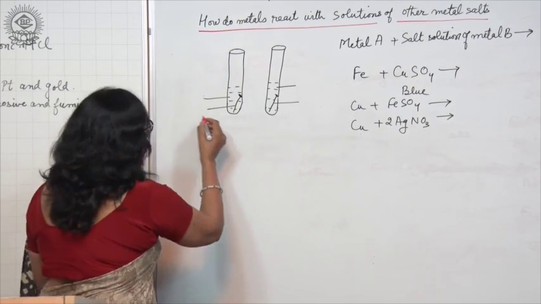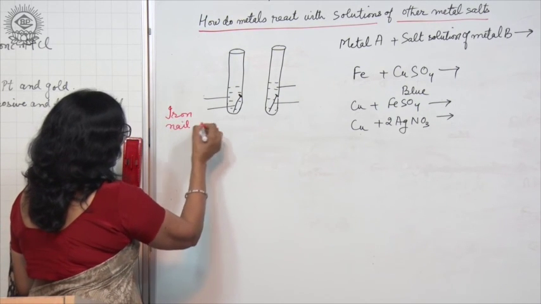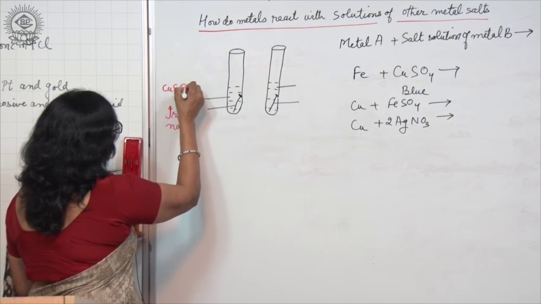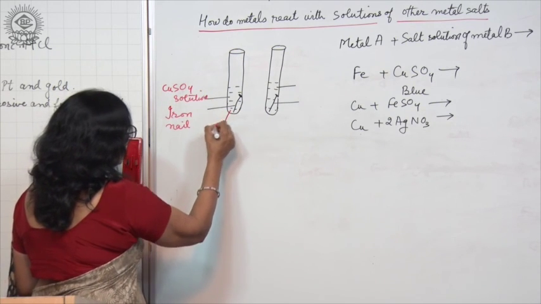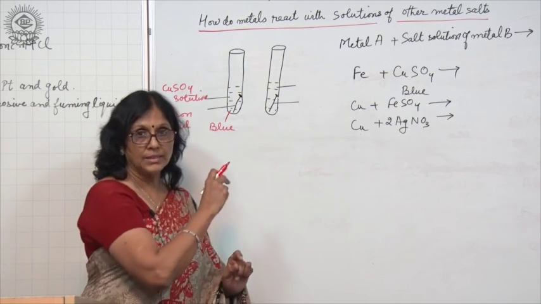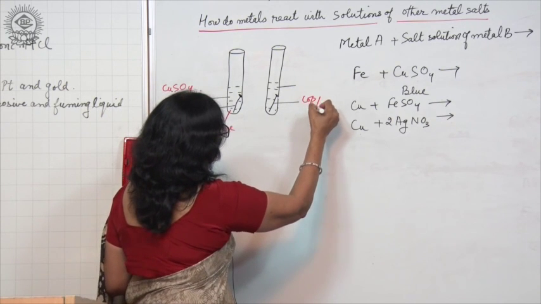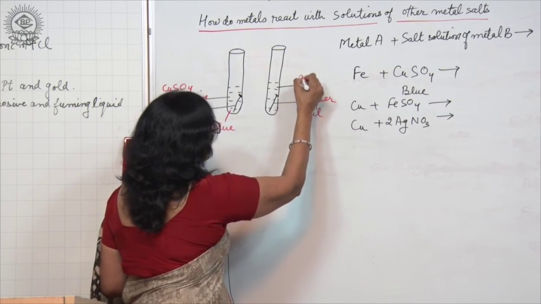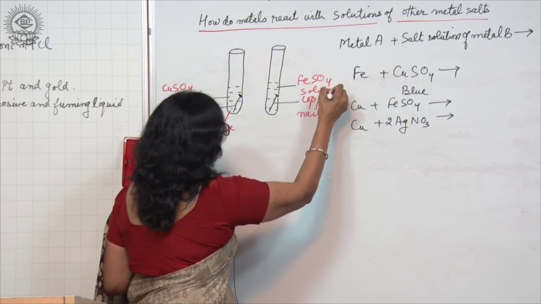In one test tube, an iron nail is taken and dipped in copper sulphate solution, which is blue in color, whereas in the other test tube a copper nail is taken and dipped in FeSO4 solution.